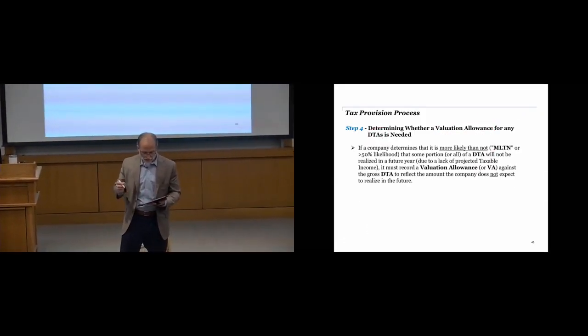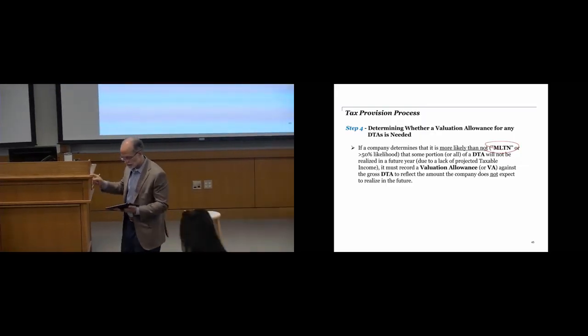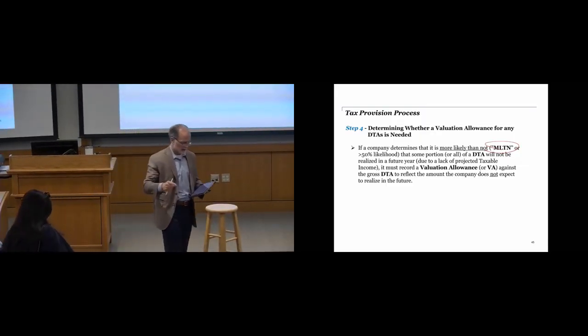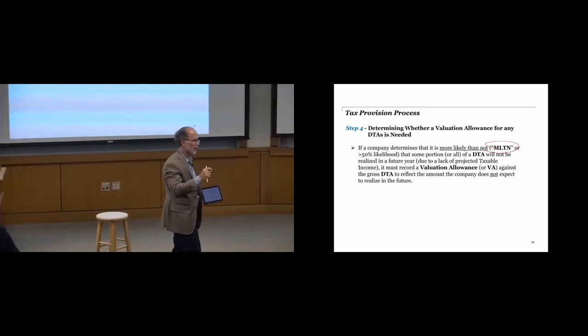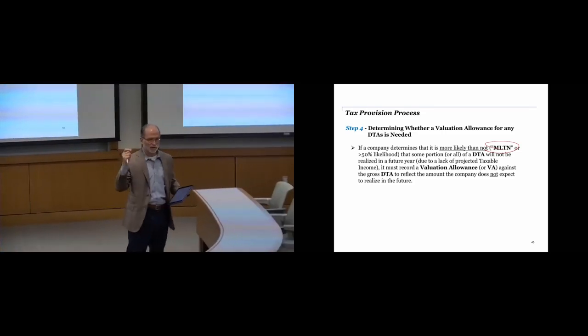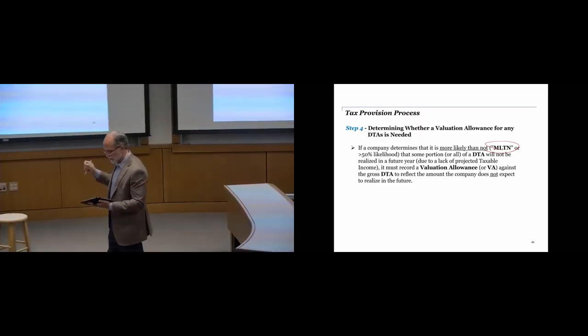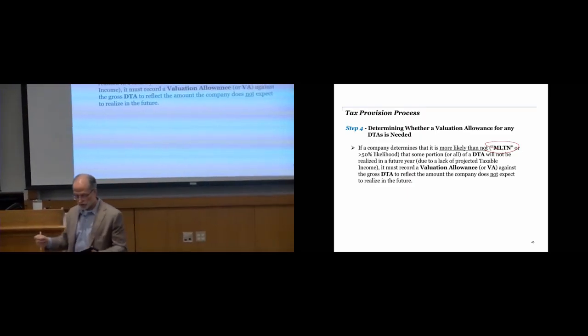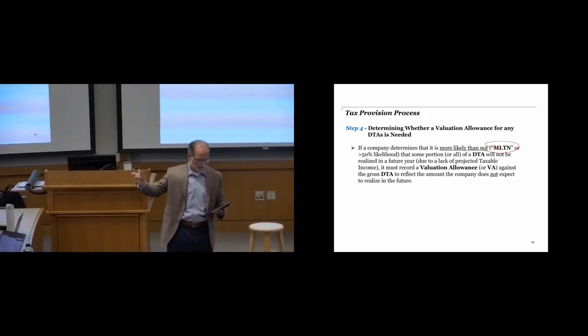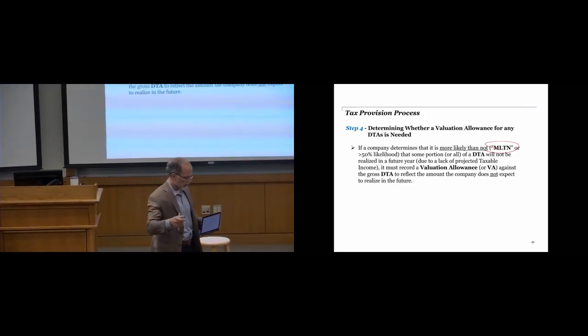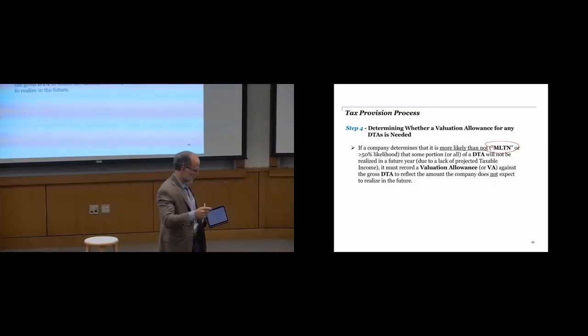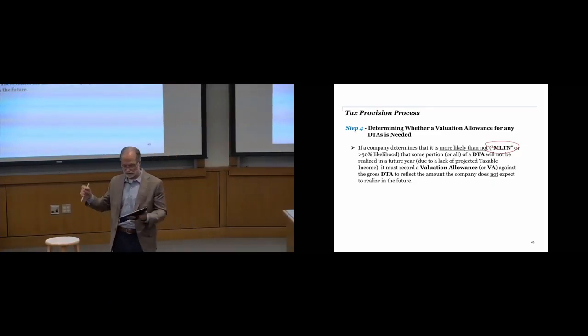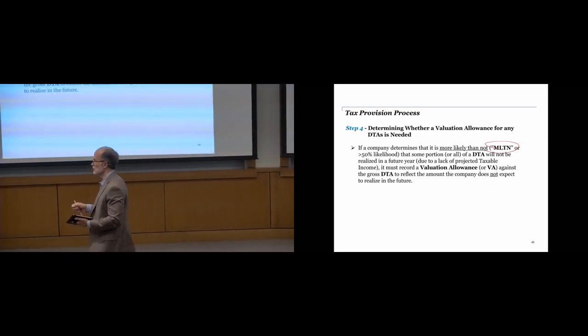Okay, the standard is more likely than not, meaning that if a company determines that it is more likely than not, greater than 50%, not exactly 50, but greater than 50, that some portion or all of a DTA will not be realized in a future year due to the lack of potential taxable income, it must record a valuation allowance against that gross DTA to reflect the amount the company does not expect to realize in the future.